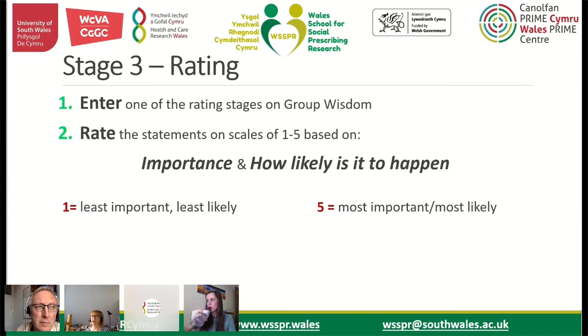The most we've had, and Megan, that was our most recent study, wasn't it? How many did you have in the wellbeing study? We had 93 uploaded onto the software. There is a limit of 100 people who can participate in the sorting and rating stages, but you can have as many as you want in the brainstorming.